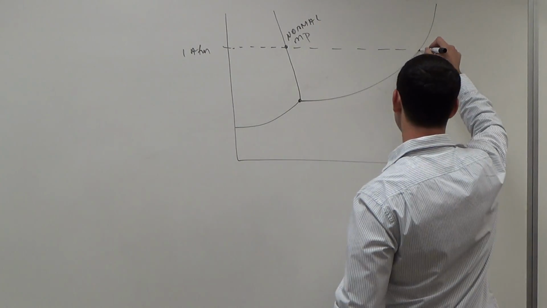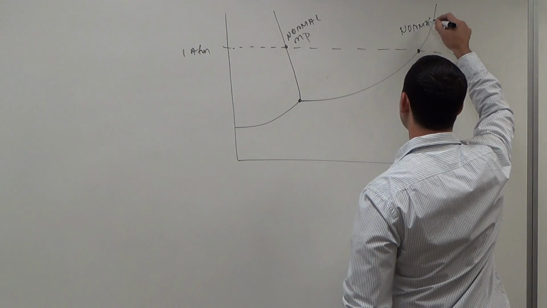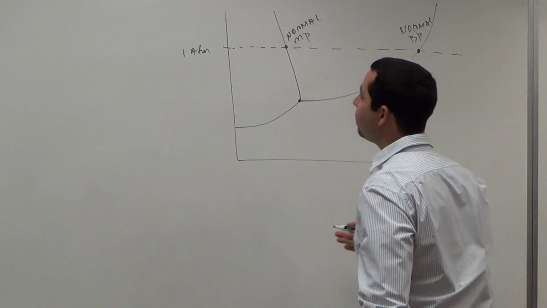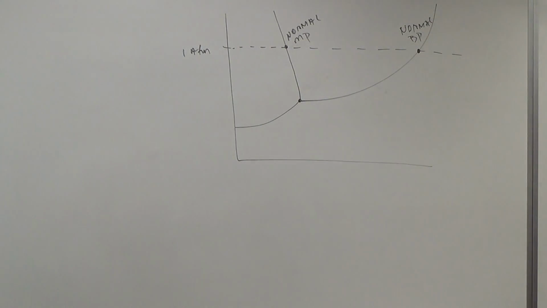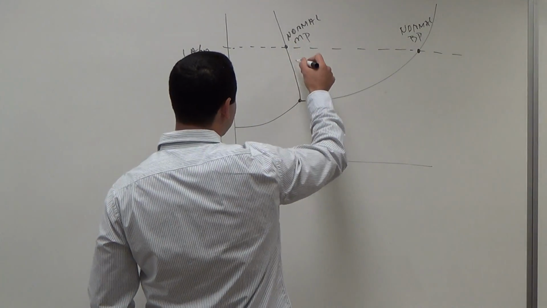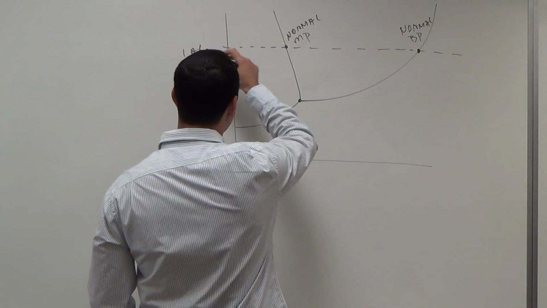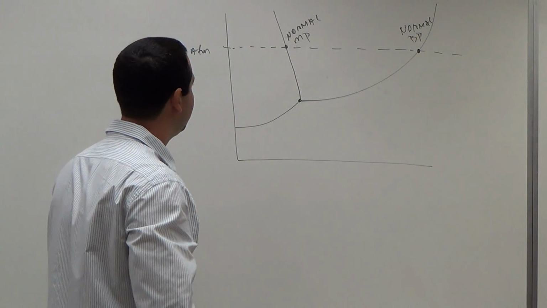And if that's normal, the rest must be abnormal, yes? Or some type of issue with this. So if this is the normal one, this one here is not called normal, okay? The normal one is only at 1 ATM.